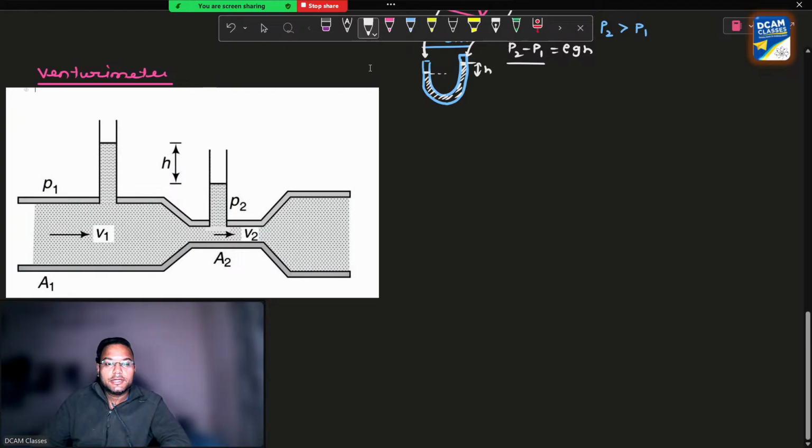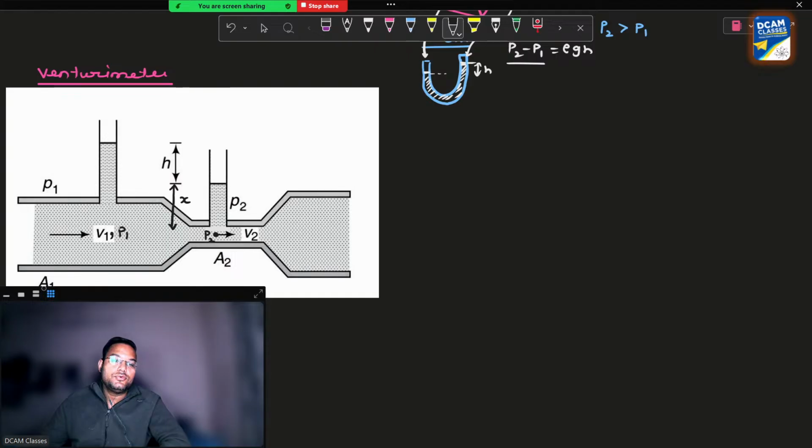This is velocity V1. Let's say the pressure here is P1. Pressure here is P2. And let's keep one more height difference to here. Let's say it is X.